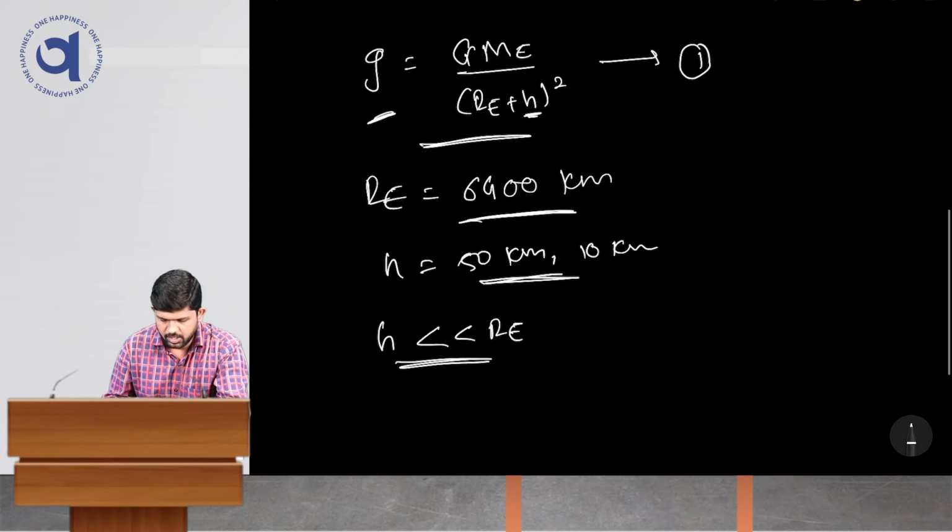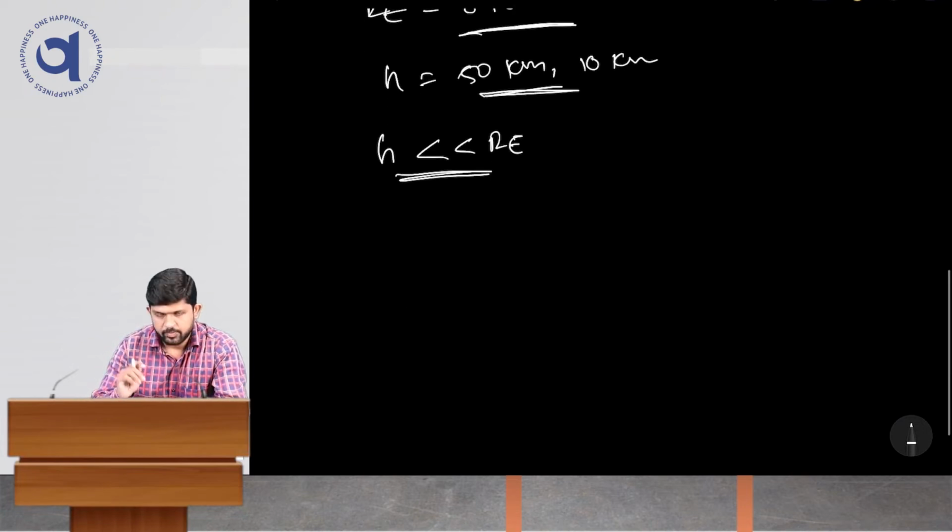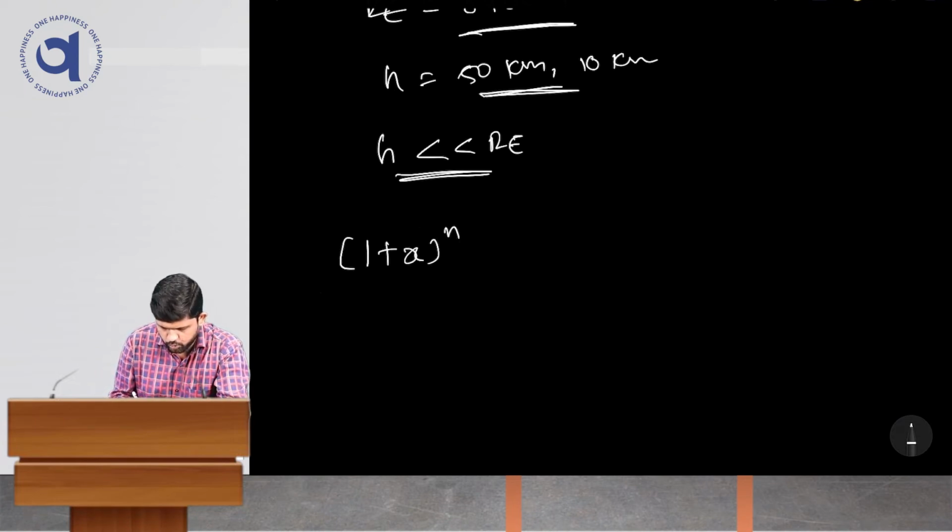In that case we have to modify this equation by using the binomial theorem. First, let us clear what the binomial theorem is. Let's say we have a function of the form (1 plus x) raised to n. The simplification of this function gives a series.